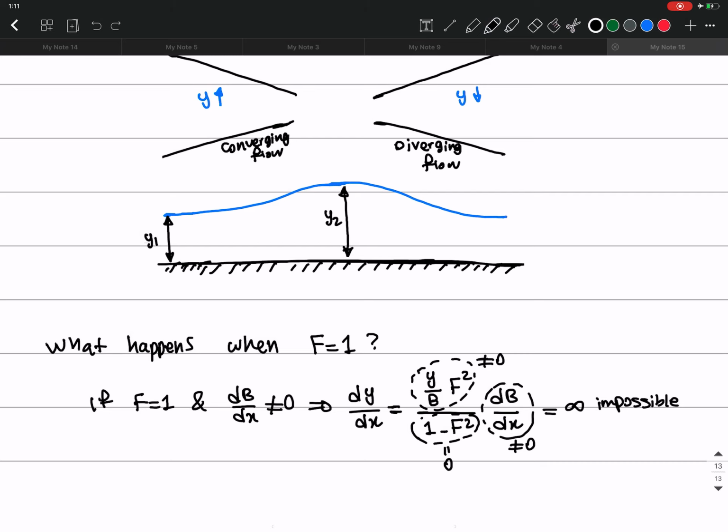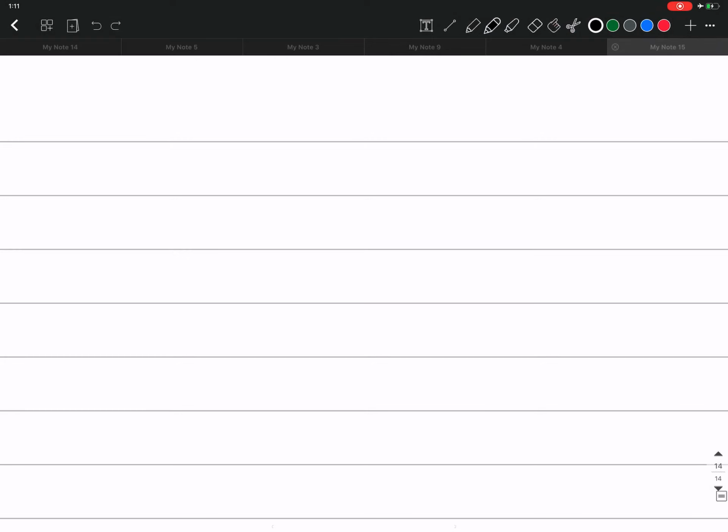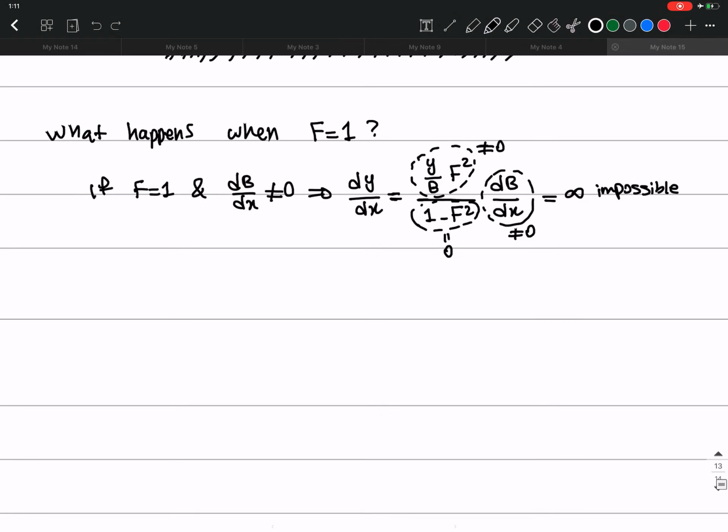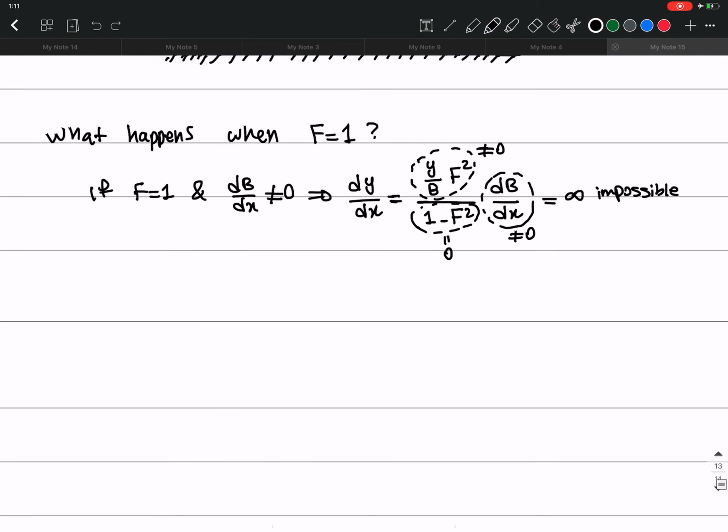So the only way this is feasible is if dB over dx is also 0. So then at least we have 0 by 0, so we can get a number.